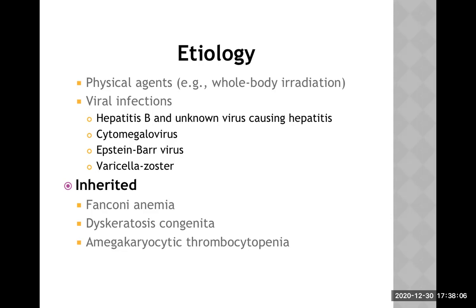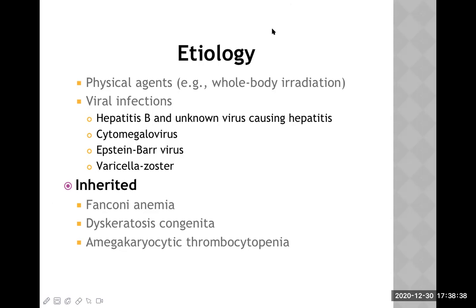Think about some person who is working in the X-ray department or CT scan, the radiology department of the hospital, or some accidental exposure to the radiation, like the nuclear substance leakage or something like that. Another is viral infection. The important viruses are hepatitis B, an unknown virus causing hepatitis, cytomegalovirus, Epstein-Barr virus, and varicella zoster. Any of them may suppress the bone marrow, but hepatitis B is quite commonly asked in the exam.